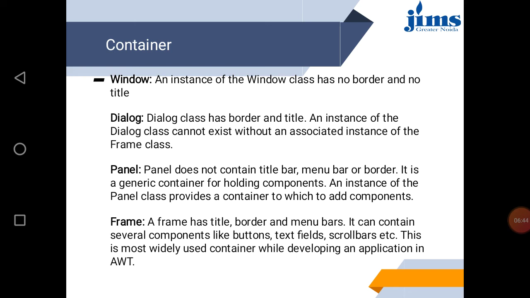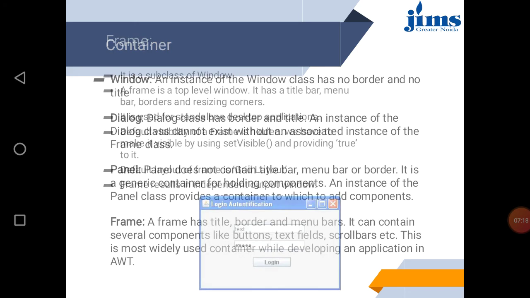So in a container, you can add different components. You can use a frame, and a frame has a title, border, and menu bars. It can contain several components like button, text field, scroll bar, etc. This is the most widely used container while developing any application. So most of the time programmers use frame as a container while developing window applications.